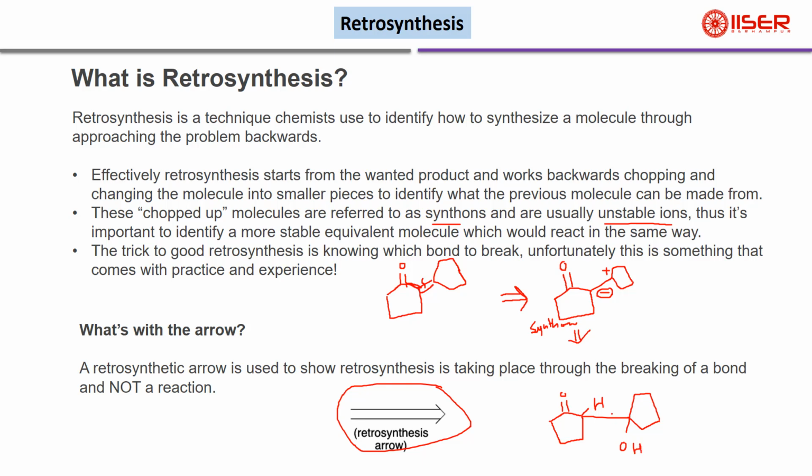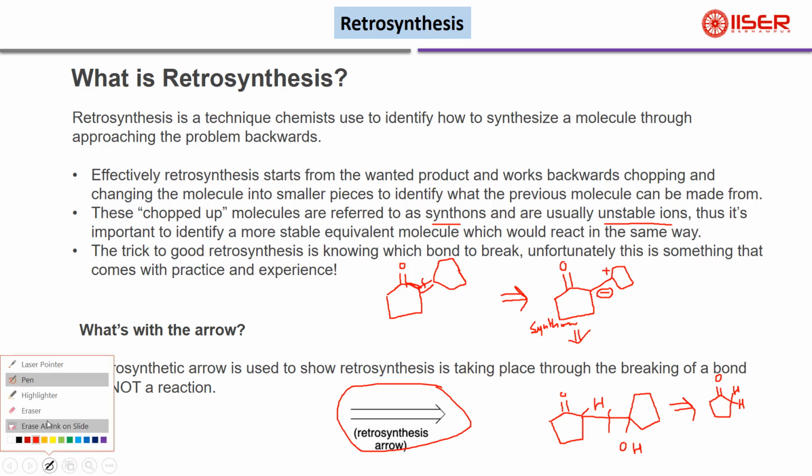Now if we break this bond also, in a similar pathway we will add another H at this position, so there will be 2H added, and for this part there will be 2OH added. Now we know that geminal OH is not stable.